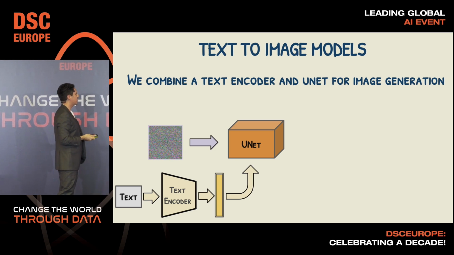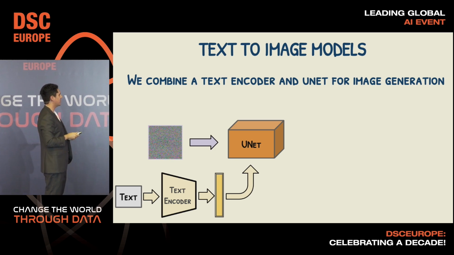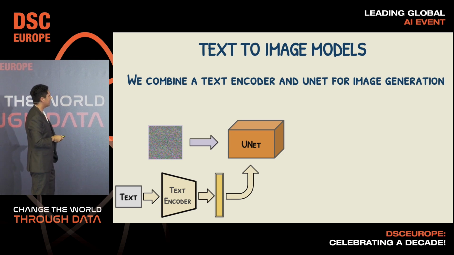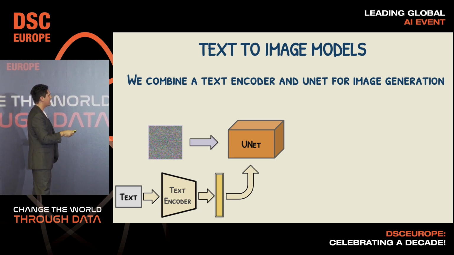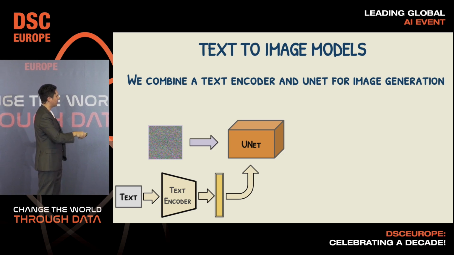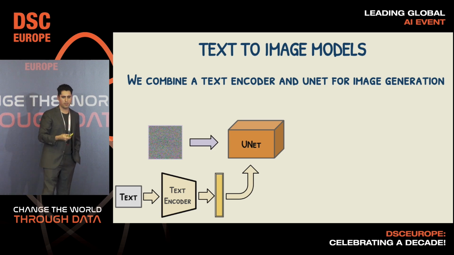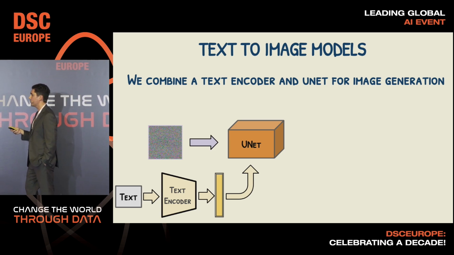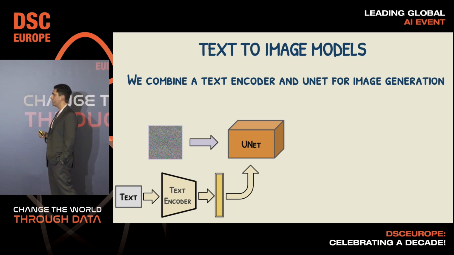OK, so how do we combine these? And how do we actually use CFG? Well, we're going to combine a text encoder and a UNet for image generation. So we have this noisy image, and then we also have our desired text, like photo of a dog, a picture of a man, etc. And then we have that text encoding, which has specifically been linked to images.